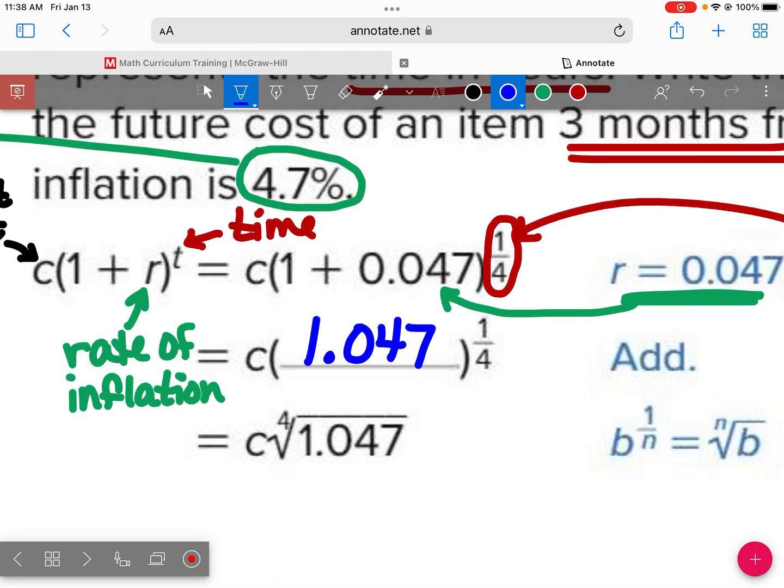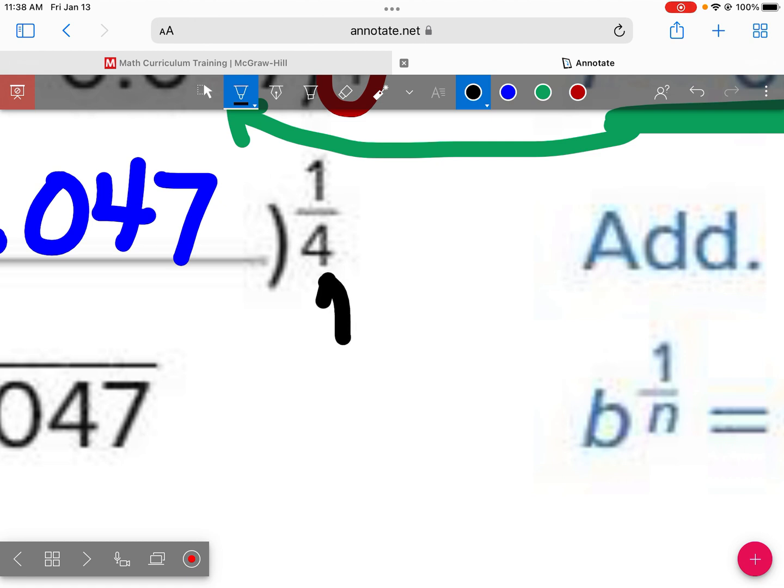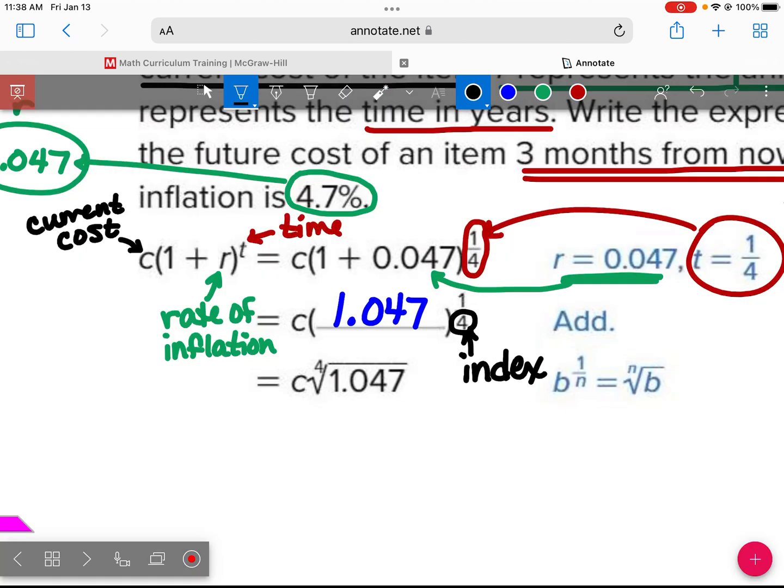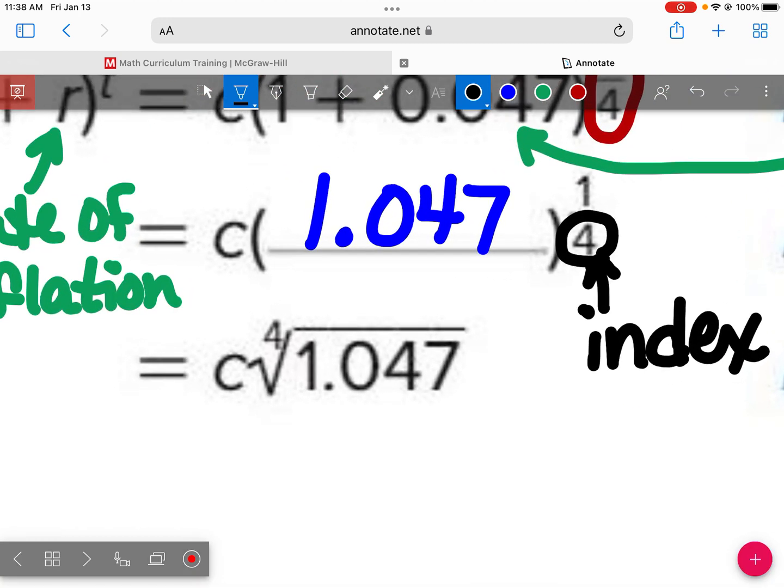And then I'm supposed to write this using radical form. So where's my index? The denominator is my index. What's the exponent then? A 1. Do I need to write it down if it's a 1? No, I only need to write it down if it's something other than a 1.